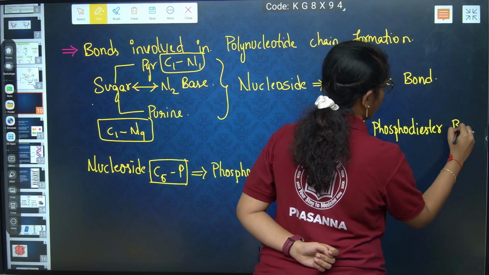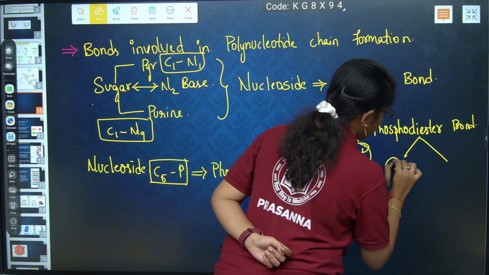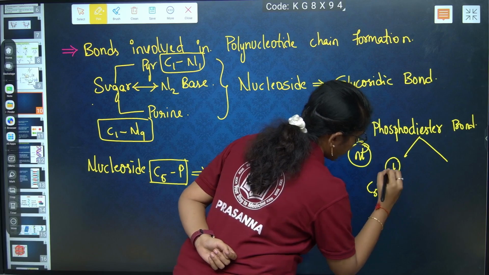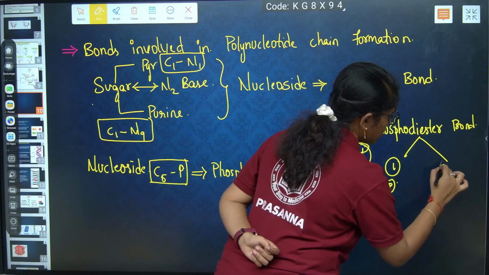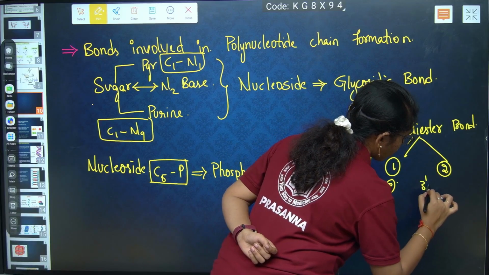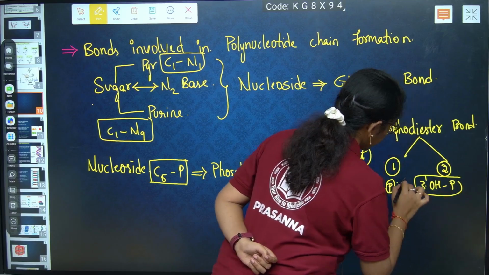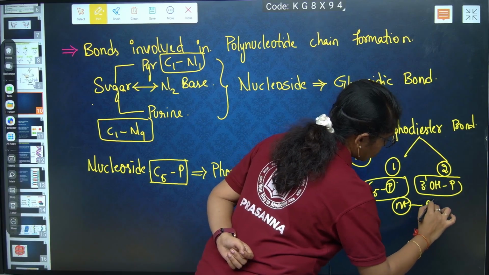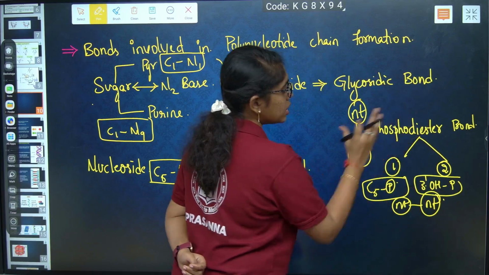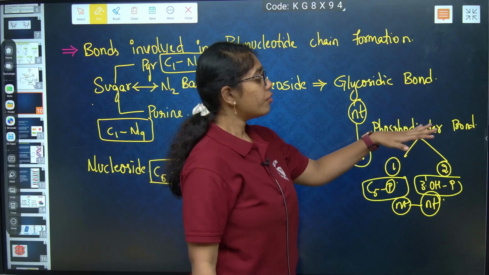Phosphodiester bond, wherein one ester bond is between the C5 carbon and the phosphate group, and the other ester bond is between the 3' hydroxyl and the phosphate group of the other nucleotide. This is one nucleotide attached to another by these two ester bonds. That is why it is called what?